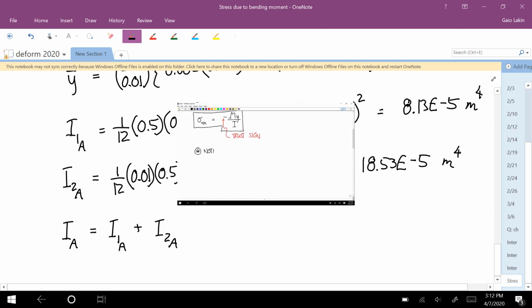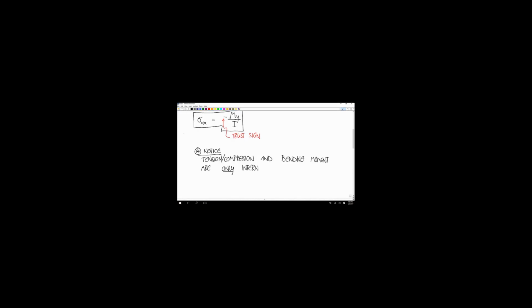So notice tension compression and bending moment are the only internal loads that cause normal stresses.